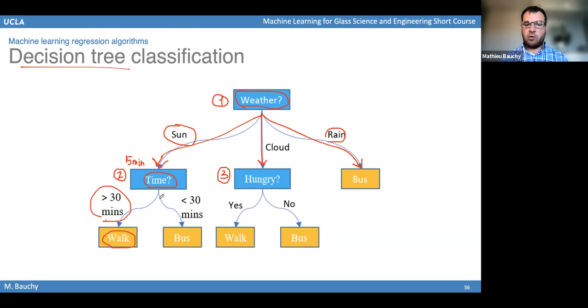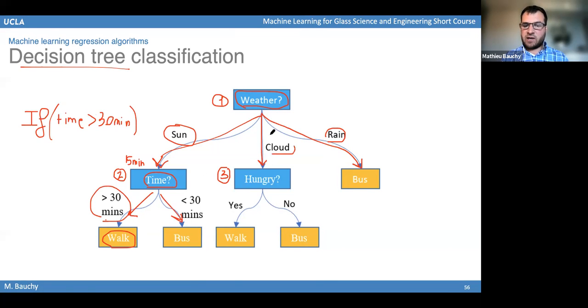So in that case, what the tree will do is look at the time and say, if the time is larger than 30 minutes, then I will go through this branch and I will decide to walk. On the other hand, if the time is lower than 30 minutes, then I will take the bus.